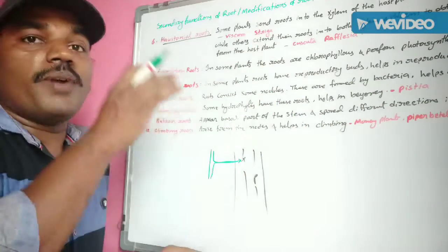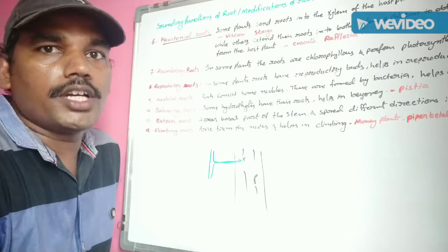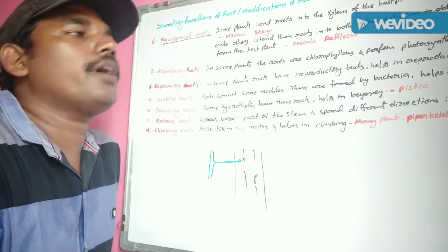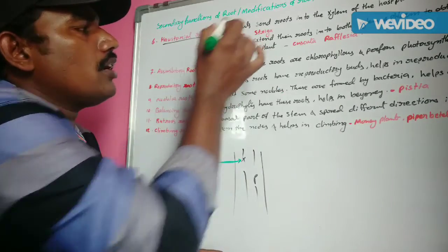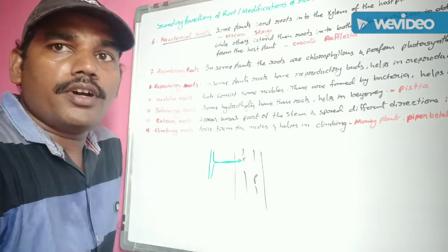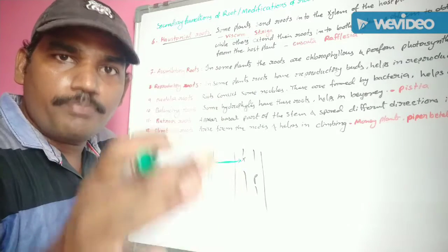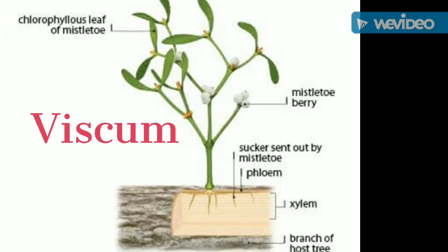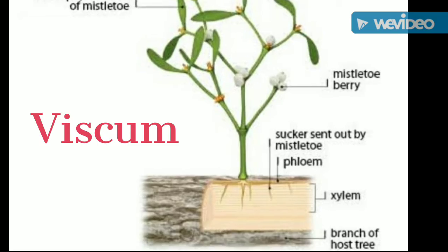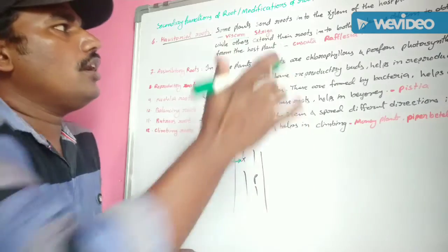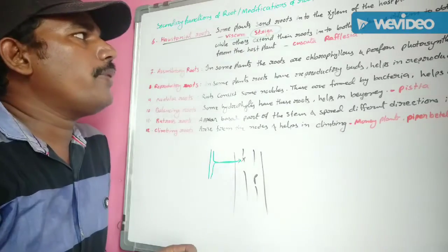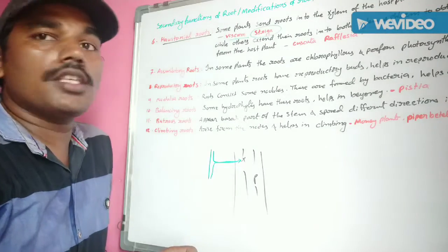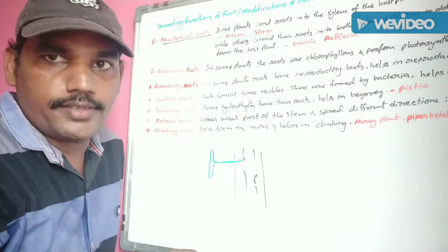These are known as partial parasites, not complete parasites. Viscum is one of the best examples of a partial stem parasite. Another one is Striga. Striga is also a partial parasite, but this one is a partial root parasite.